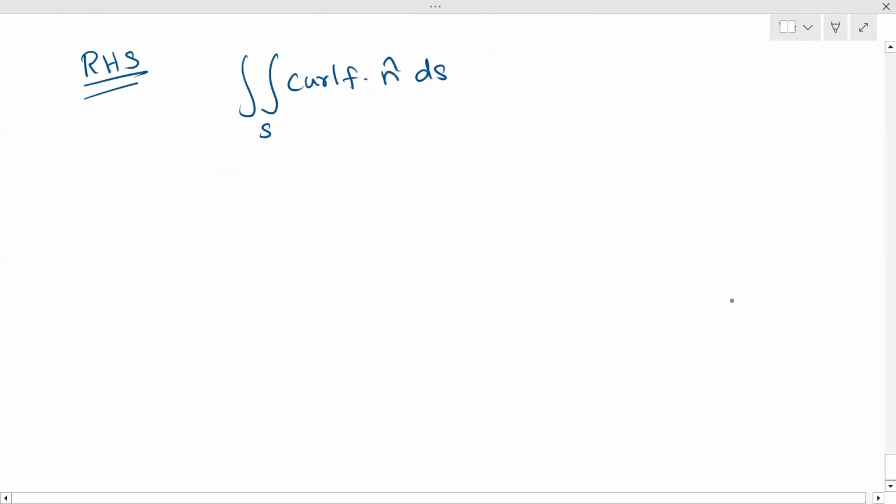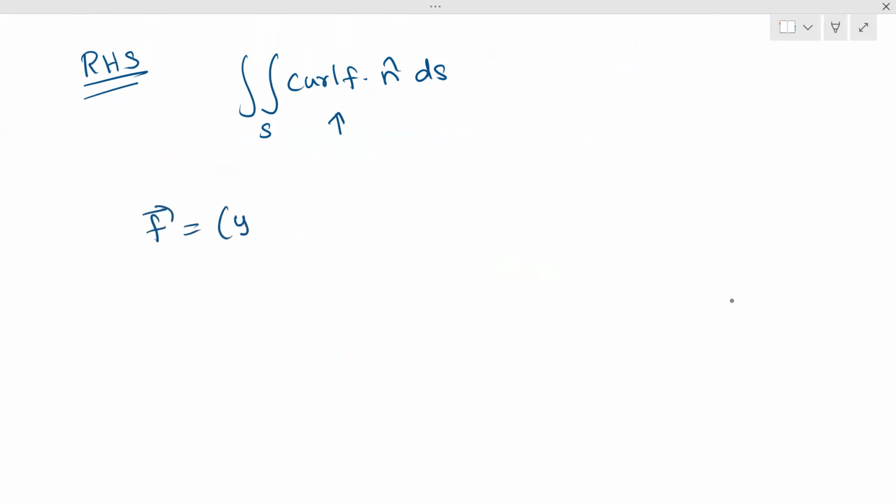So here first we have to find out the curl F. What is the F vector they have given? F vector is (y minus z plus 2) i minus (yz plus 4) j minus xz k.